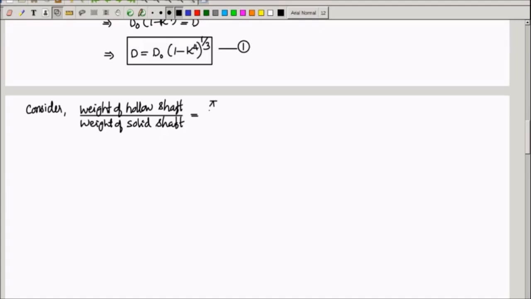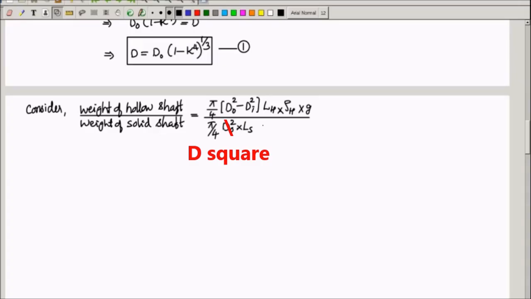So it becomes pi by 4 into d naught square minus di square into length of the hollow shaft into density of the hollow shaft into g, divided by pi by 4 d square into L of the solid shaft into rho of the solid shaft into g. So you can cancel many terms here: LH, LH, rho H, rho S, g, pi by 4.